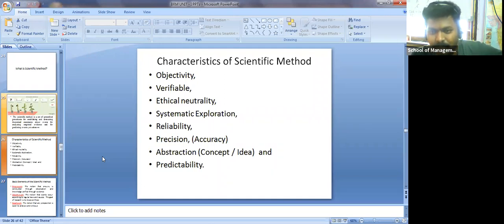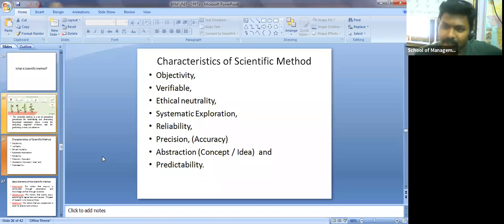The nuclear bomb was invented for one purpose, but the nuclear bomb was used for another purpose. So as a researcher, you should follow ethical neutrality, right? And the fourth one, systematic exploration, right?